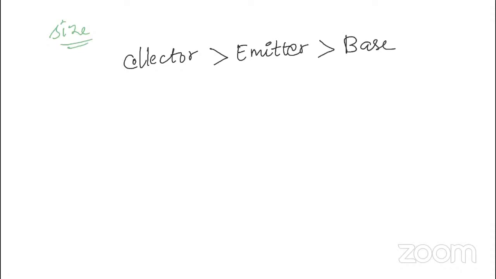Okay, so collector is greater than emitter is greater than base, or simply CEB.